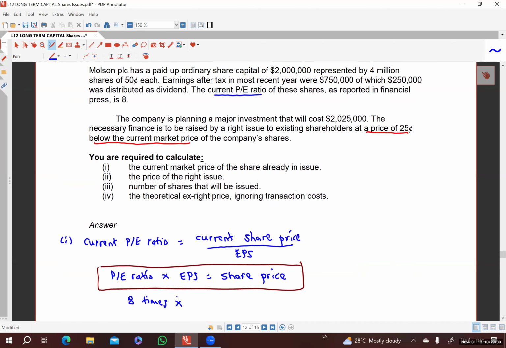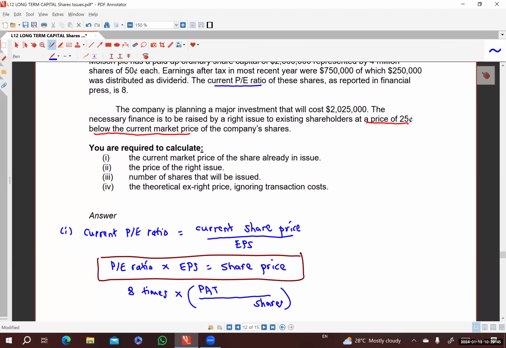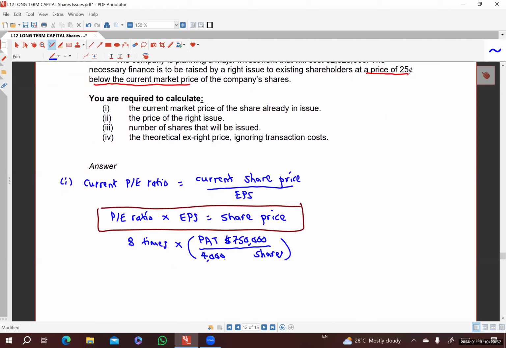Earnings per share is earnings or profit after tax divided by number of ordinary shares. Profit after tax here, number of ordinary shares is 4 million. So the share price is 150 cents, right? 150.